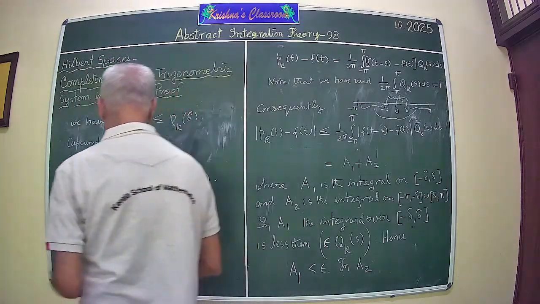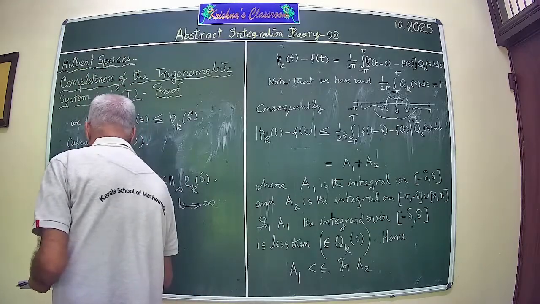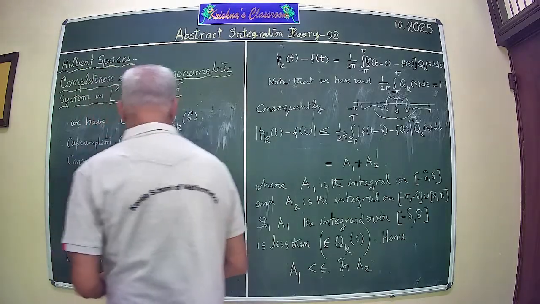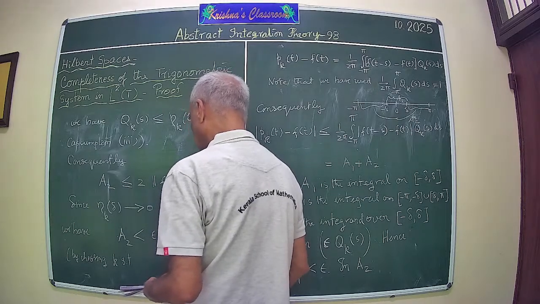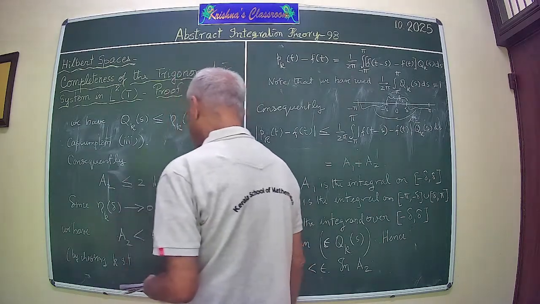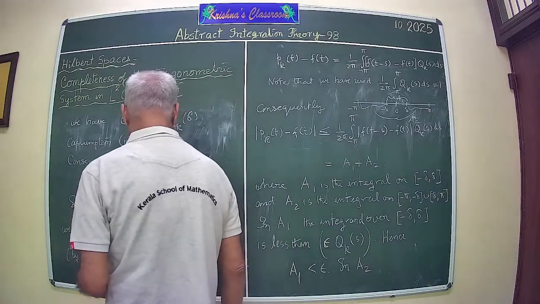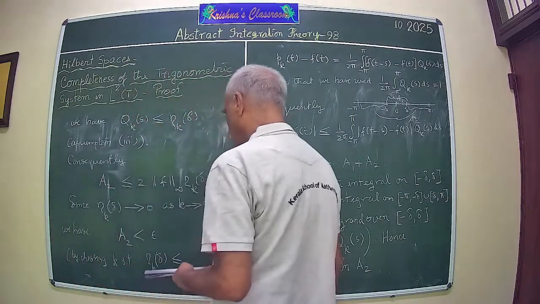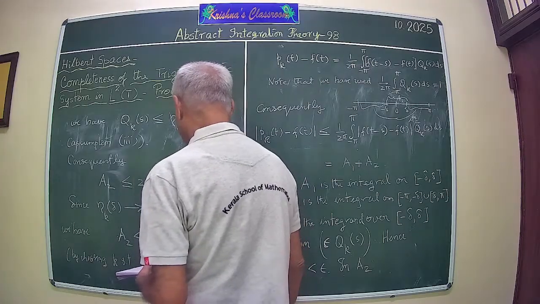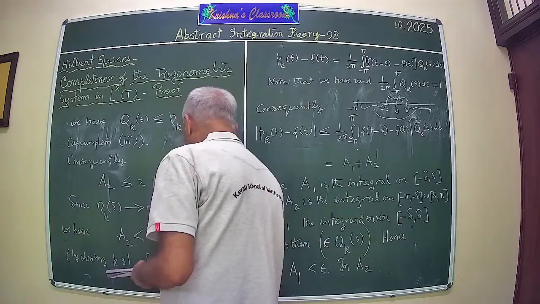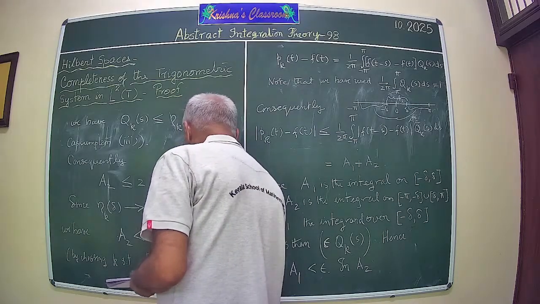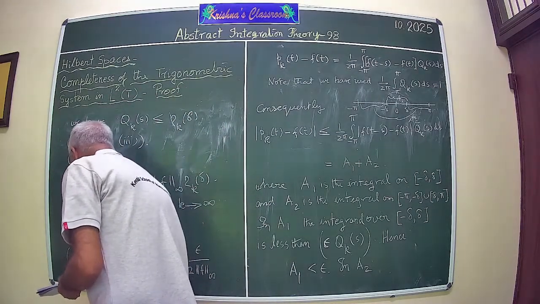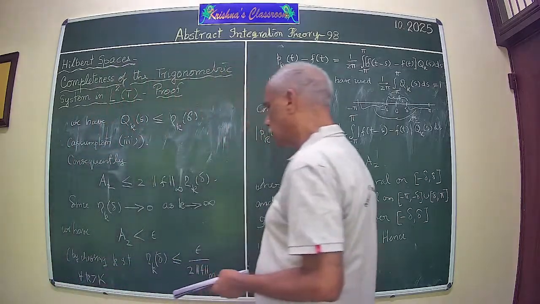By choosing k such that epsilon divided by this is possible.